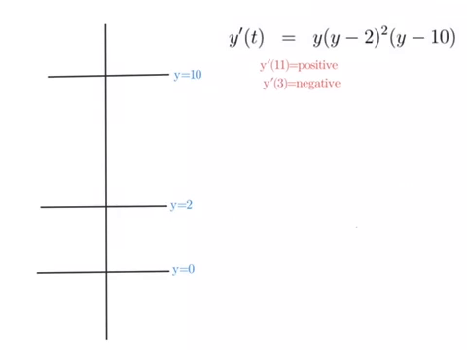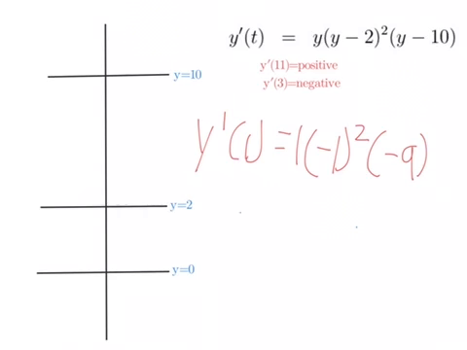And now I'm going to plot a point between 0 and 2. A number that would work nice is 1. So let me change that to red. So y prime of 1 equals 1 times negative 1 squared times negative 9, which comes out to negative 9, which again is negative.